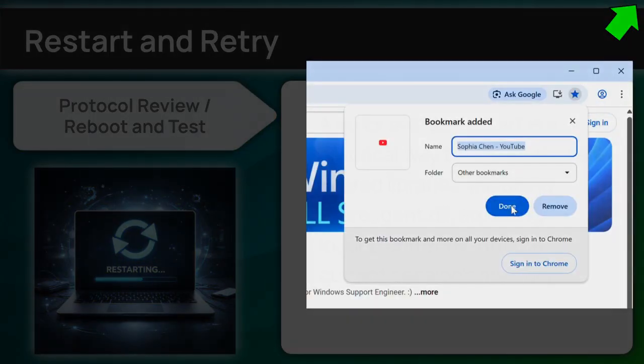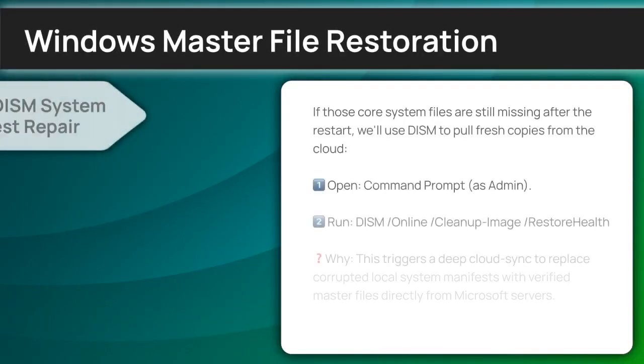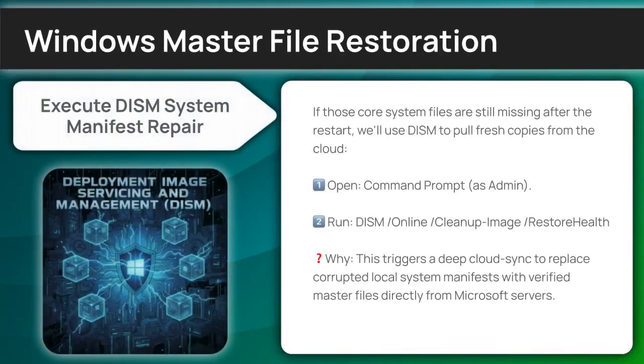If you're still seeing the same problem post-restart, let's escalate our troubleshooting to the next tier. Feel free to pause the video if the next steps come at you too fast. If those core system files are still missing after the restart, we'll use DISM to pull fresh copies from the cloud. First, open Command Prompt as admin.